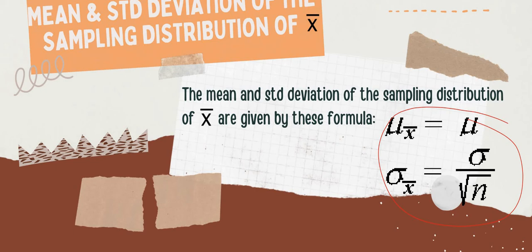So the mean and standard deviation for the sampling distribution of x bar is given by this formula. As I mentioned just now, mu x bar and sigma x bar indicate the mean of sample mean and standard deviation of sample mean. So how to get this one?